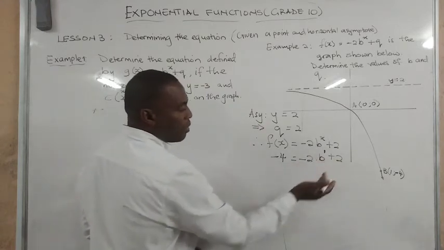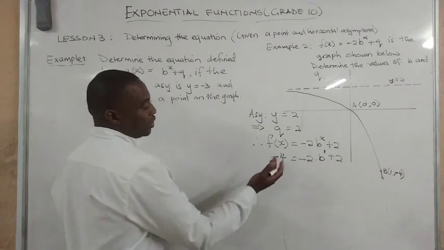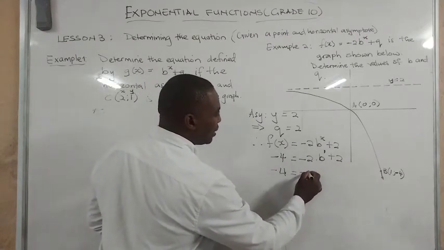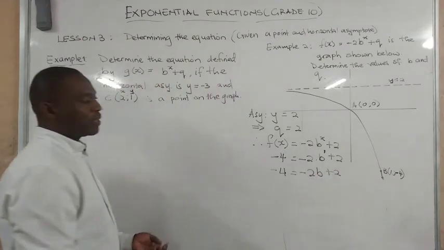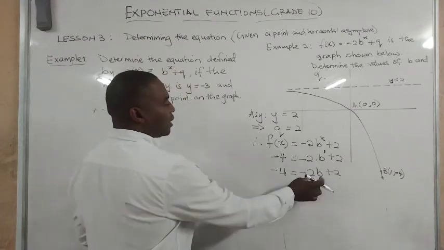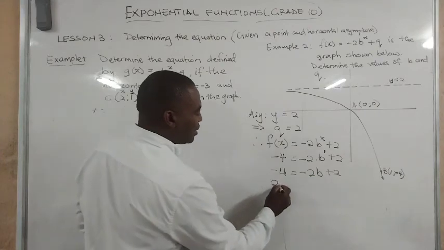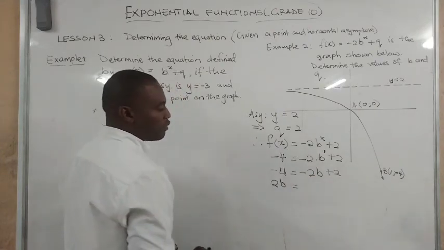Alright, then b to the power 1, any number raised to the power 1, it doesn't change, so that will be -4 is equal to -2b plus 2. So it's now a question of solving for b. We can take the -2b to this side, it's 2b, the -4 to that side, it becomes +4.